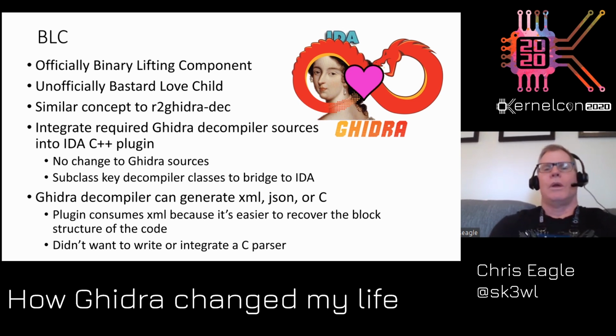As mentioned on the Ghidra slide, the Ghidra decompiler can generate a variety of document formats: XML, JSON, or C. In my decompiler, I can retrieve the XML or the C. I can experiment with the JSON, but I haven't found it terribly interesting.